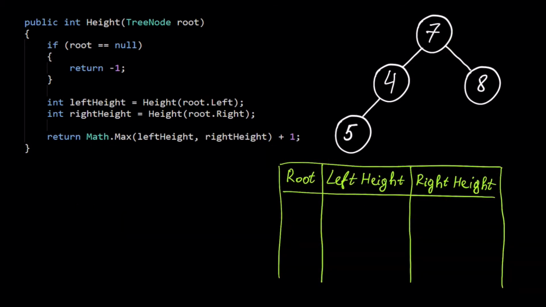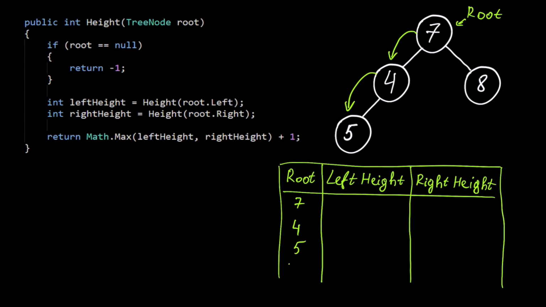As usual, we are starting from the root node. The root node is not null. So we call the height function with the left child node of the root. The left child is 4. Node 4 is the new root node and it is not null. We go to the left again. Now node 5 is the new root and it is not null.